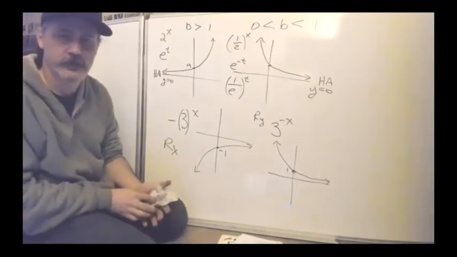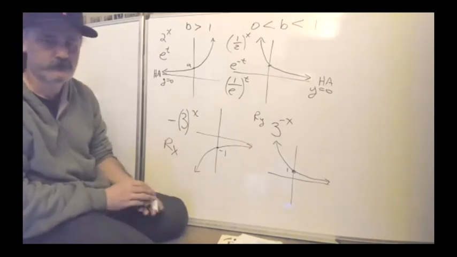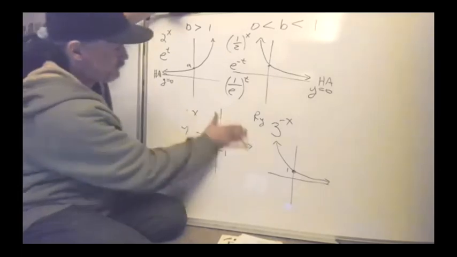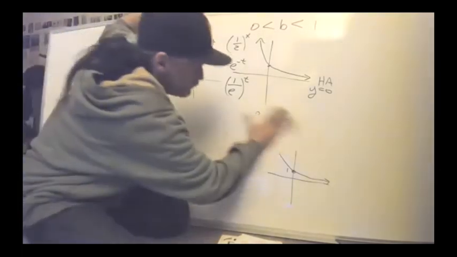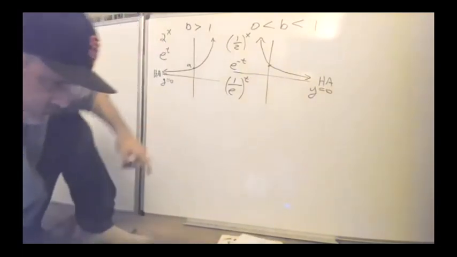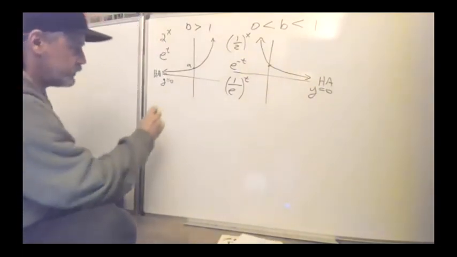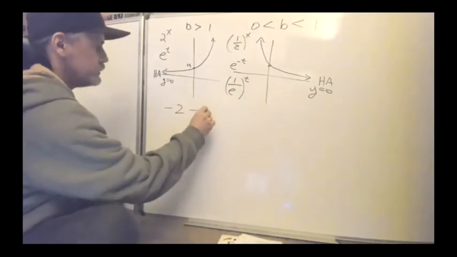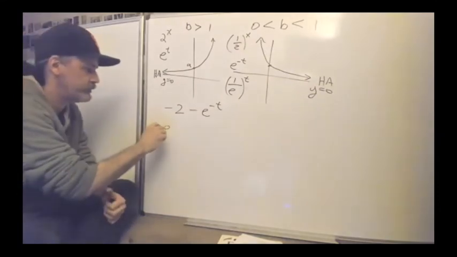Okay, now let's look when we have multiple transformations. Okay, so let's see, throw an e in here. So let's say we had -2 minus e to the -t. Okay, well, the parent is e to the t.